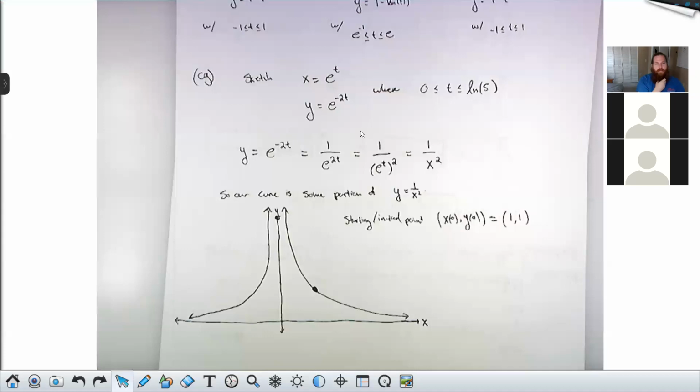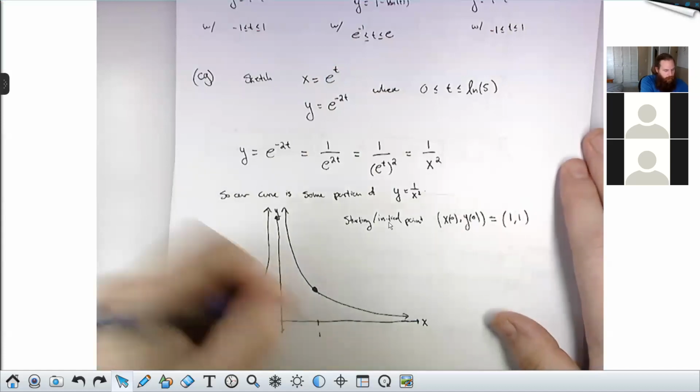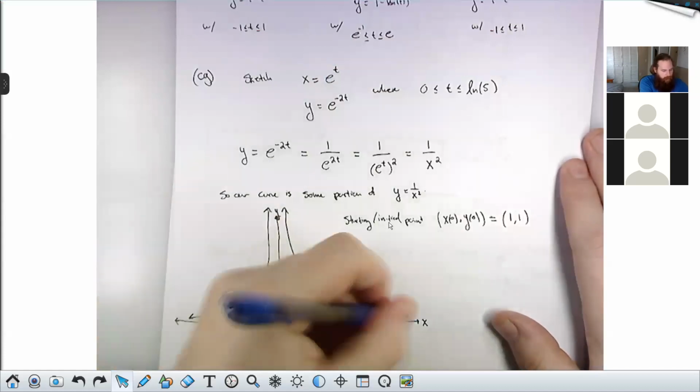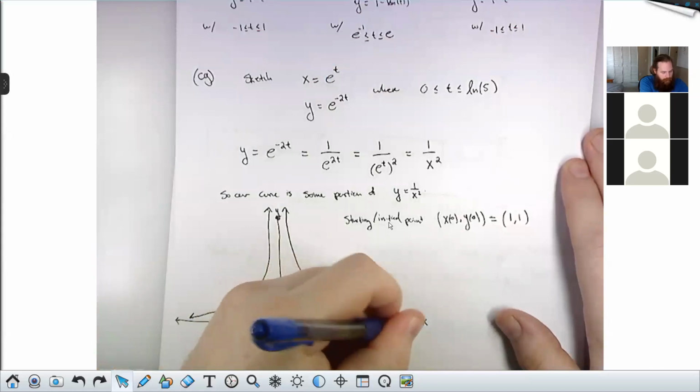And then as t increases from 0 to ln5, e to the t increases. It increases to e to the ln5, which is 5. So here's 1, comma 1, and maybe here is, I'll put it here, 5.